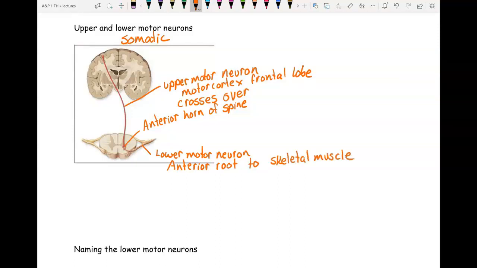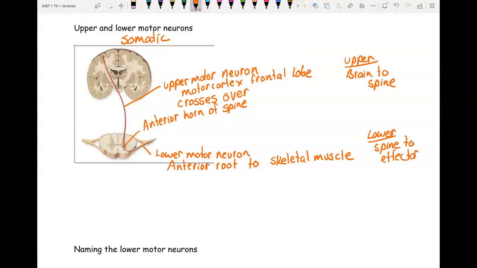So the basic setup of motor commands is an upper motor neuron from the brain to the spine. It synapses with a lower motor neuron that goes from the spine to the effector. So the upper is brain to spine, and the lower is spine to effector.